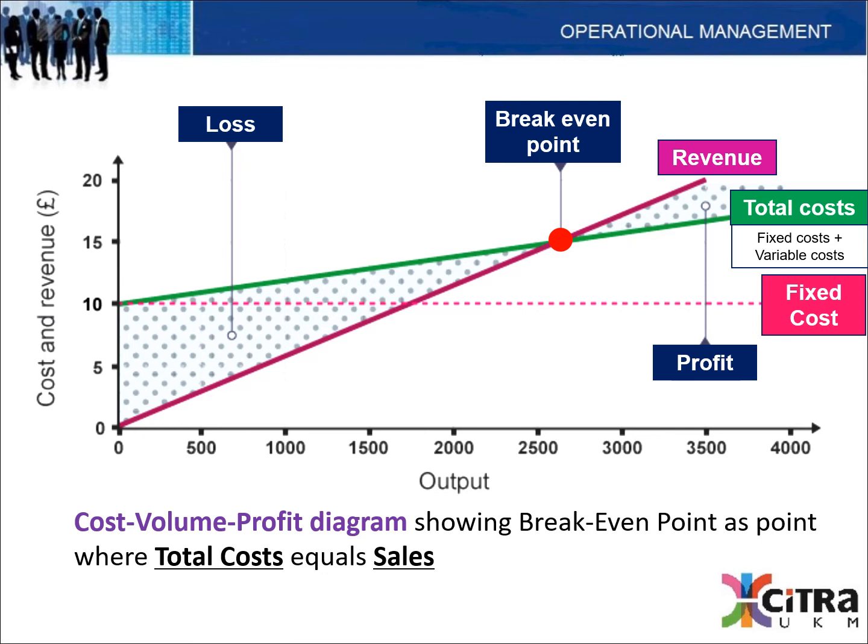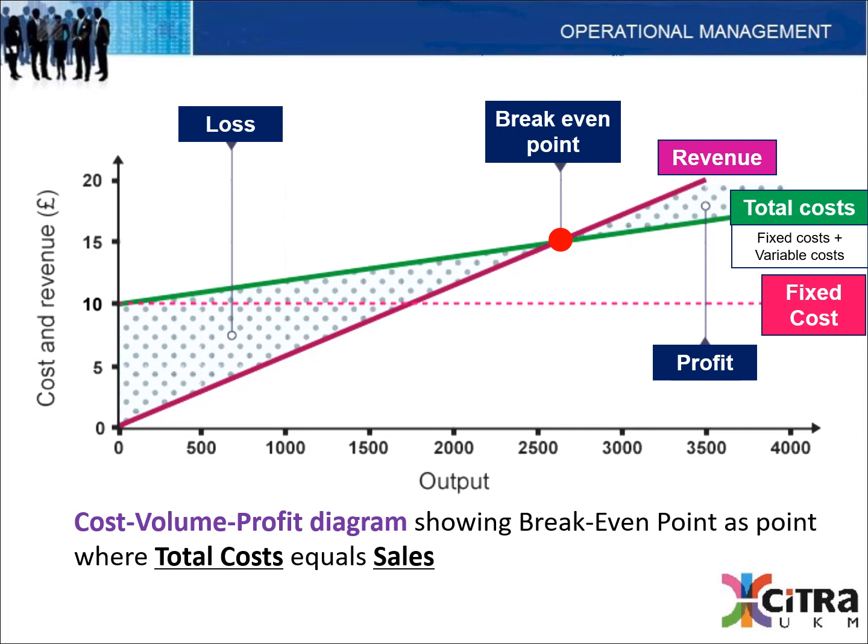If the point of your output, cost and revenue is in the loss part, it means that you get less than the fixed cost that you spent, so you are facing a loss. And if the money that you get when you sell your product is more than the total cost, then you make a profit.